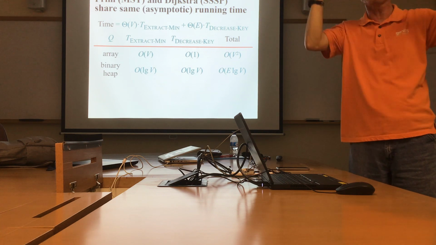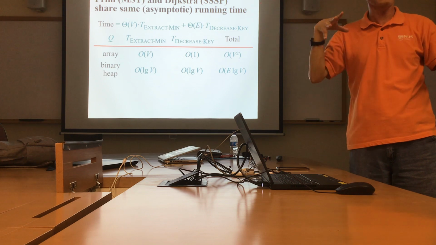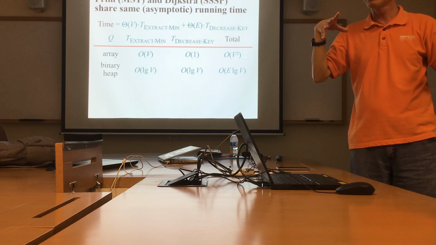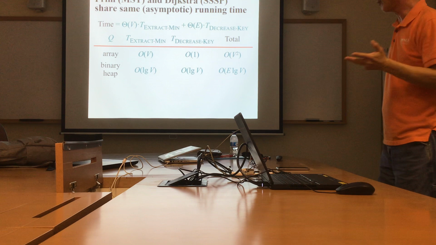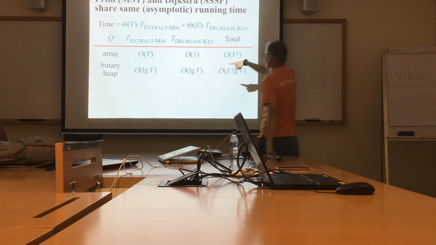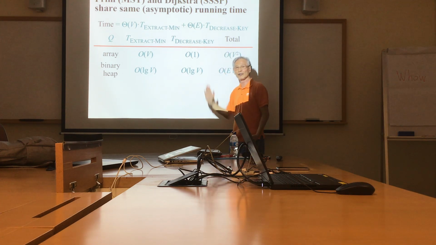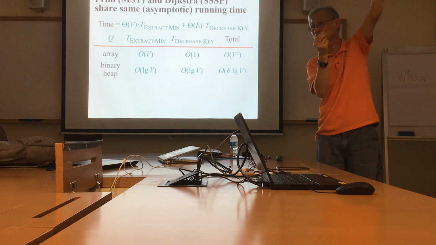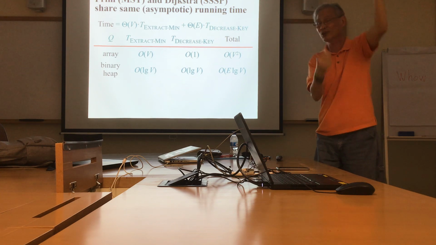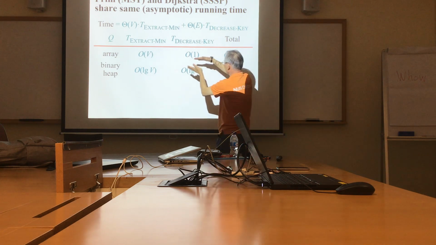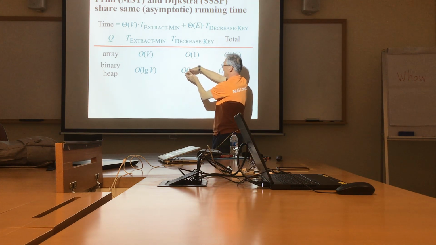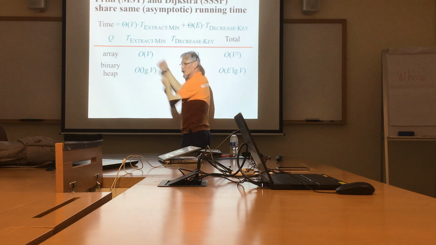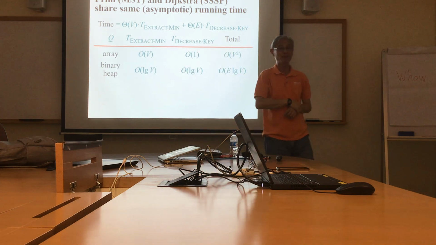Going down, you need to check which way to go, left or right. And decrease key only propagates upwards. So in order to reduce the total time here, I can afford to use more time over there, for example.